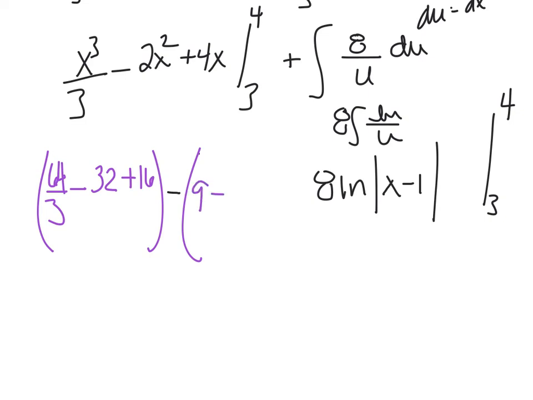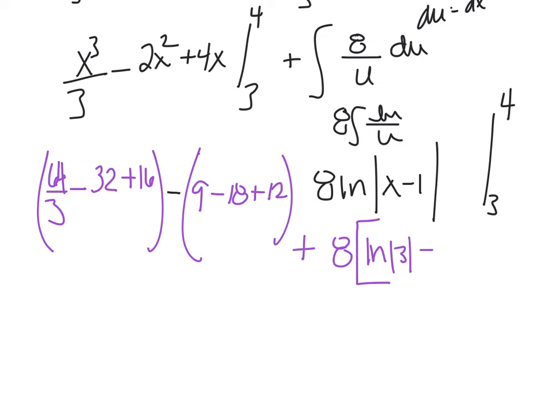Minus 3 squared is 9 times 2 is 18 plus 12. And then I have to add on to that. I'm going to get 8, and I'm going to kind of just bracket in what I get here. The ln of 4 minus 1 is 3 minus the ln of 2.